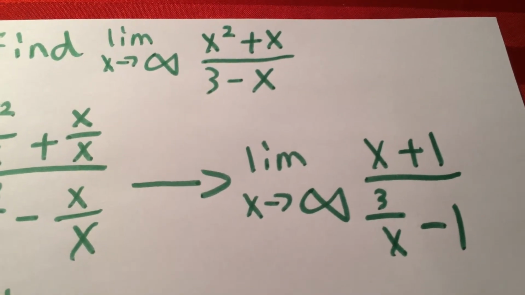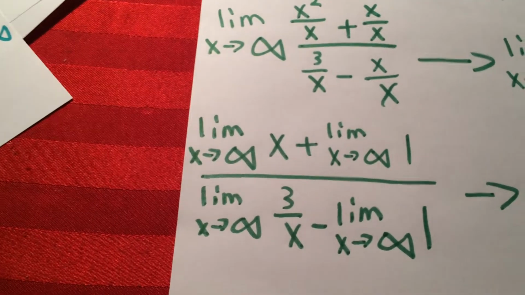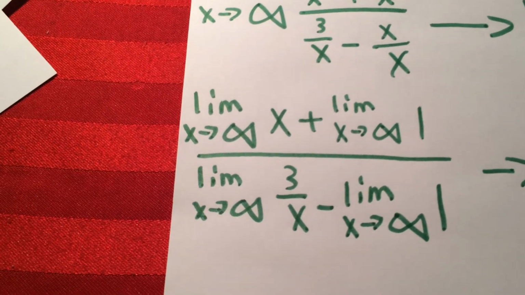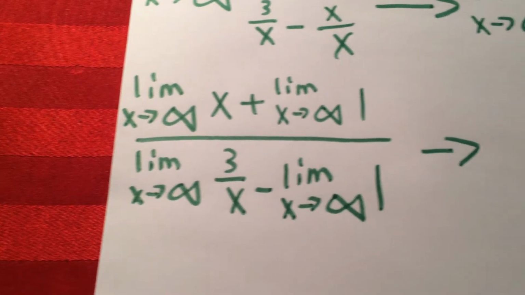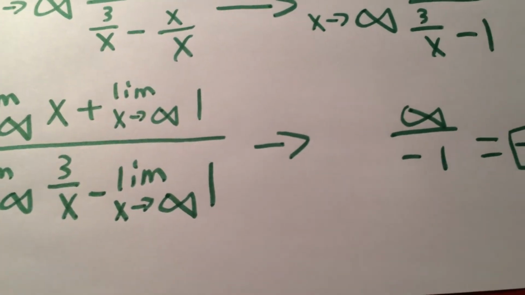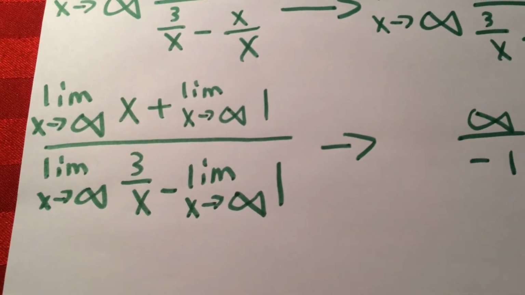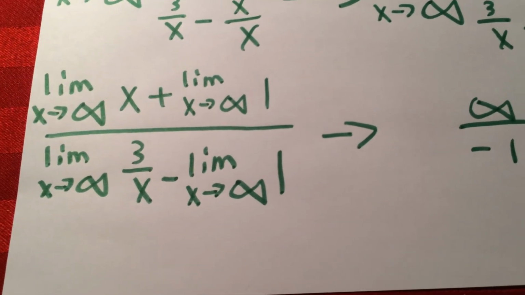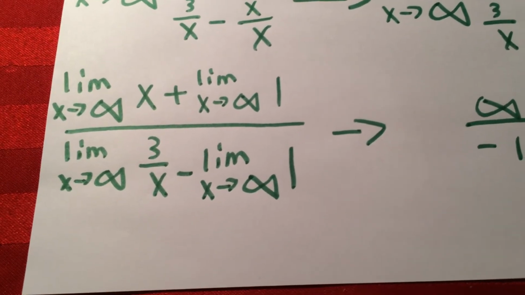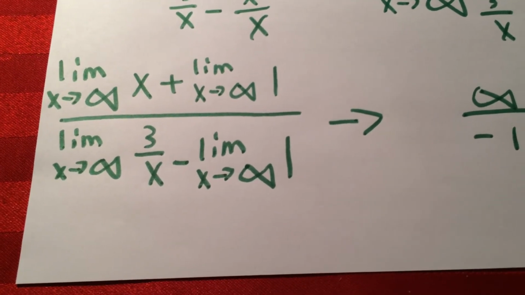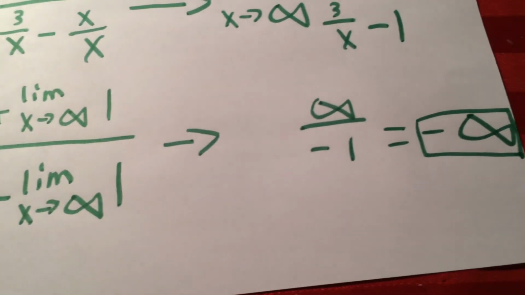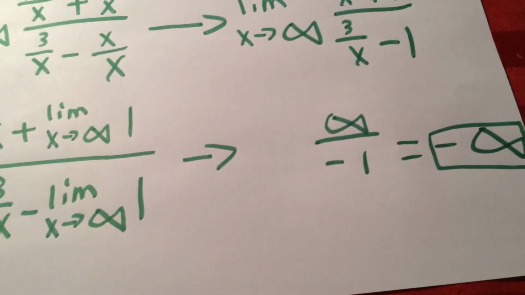After that, use the limit laws to evaluate each value as x approaches infinity, and you get infinity over negative 1, because if you plug in infinity, x plus 1 will be infinity, and at the bottom, 3 over x, if you plug in infinity, that'd be 0, minus 1 would be negative 1. Simplify that, and you get negative infinity.